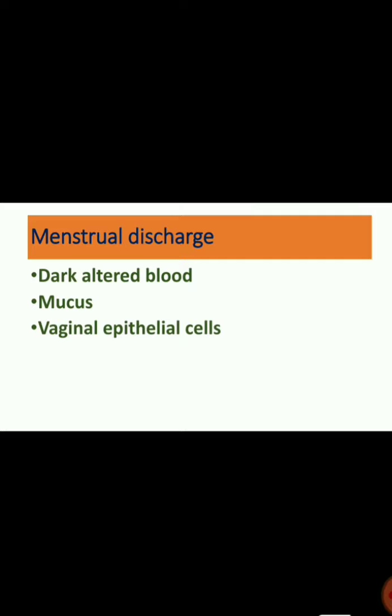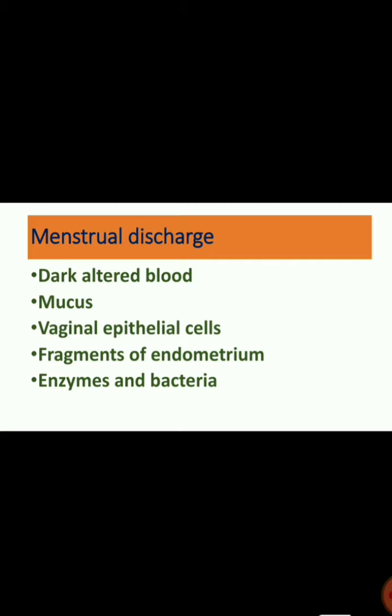It can also contain vaginal epithelial cells, and fragments of endometrium. The endometrium which is shedding inside the uterine cavity is expelled out through the vagina to the exterior. And some enzymes and bacteria are also present.